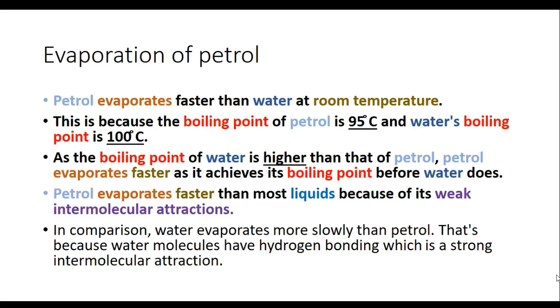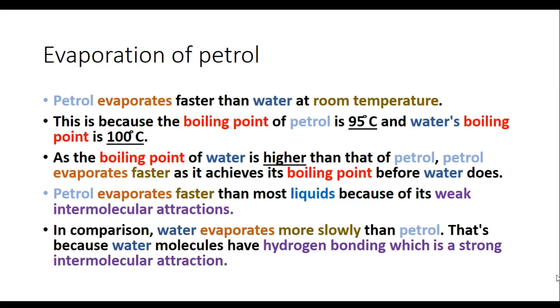So petrol evaporates faster than most liquids, and this is to do with its weak intermolecular attraction, so the attractions between the molecules or particles. So remember those forces of attraction, they are weaker in petrol than they are in water, and that is why petrol has a lower boiling point than water.